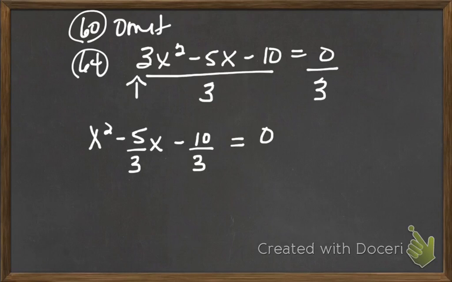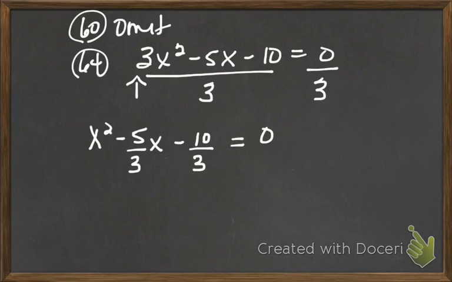You can't have anything in front of the x squared other than a 1. So before you can go any further, you have to divide everything by the 3. Alright, and then the rest of it is just like we've done.